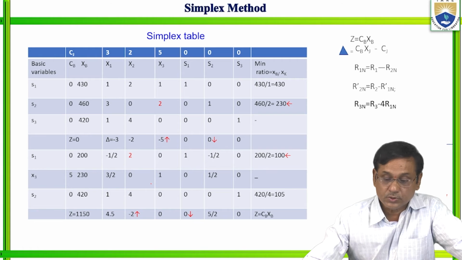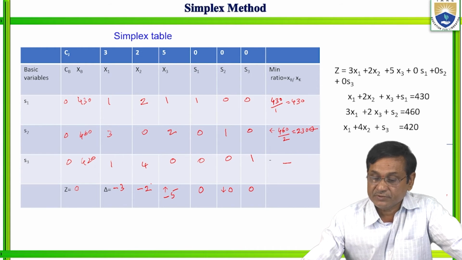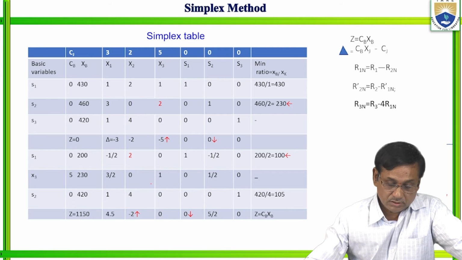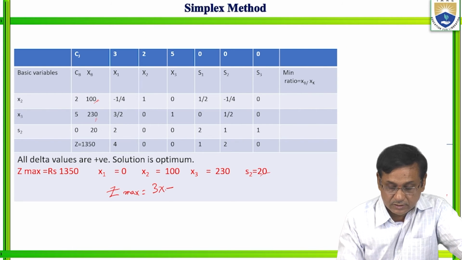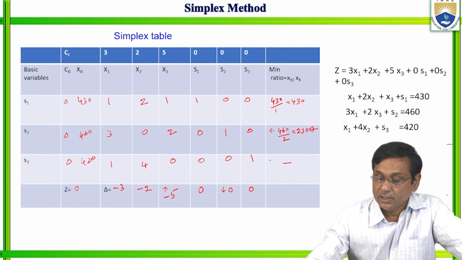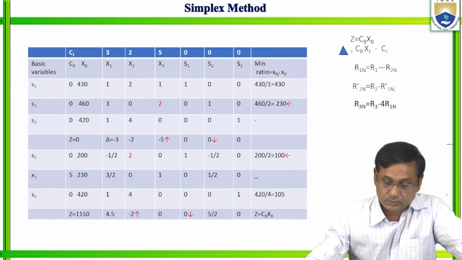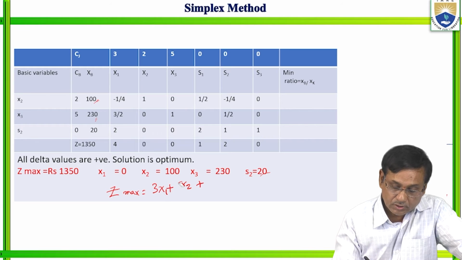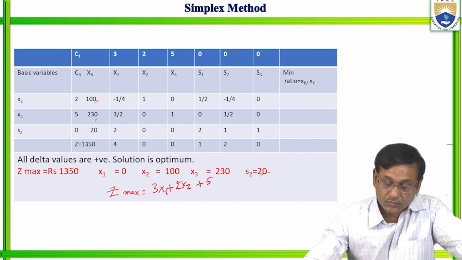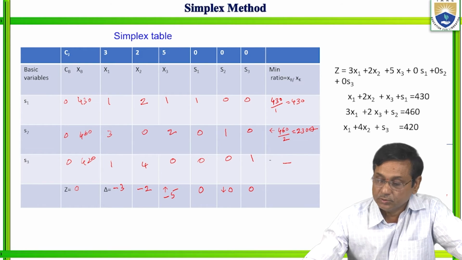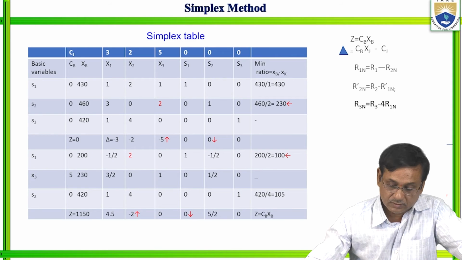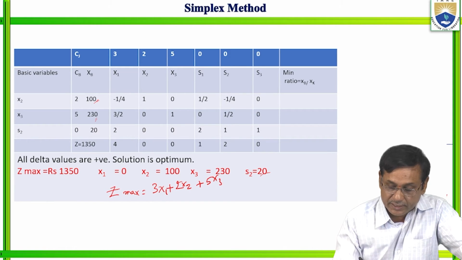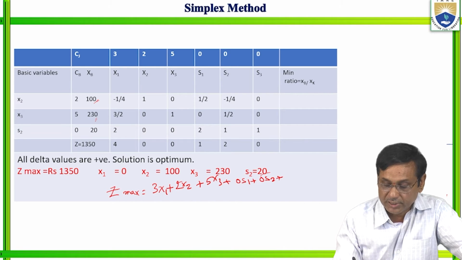Once again you can check: 3x1 plus 2x2 plus 5x3 plus 0s1 plus 0s2 plus 0s3.